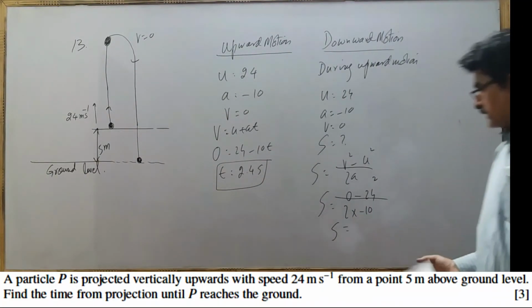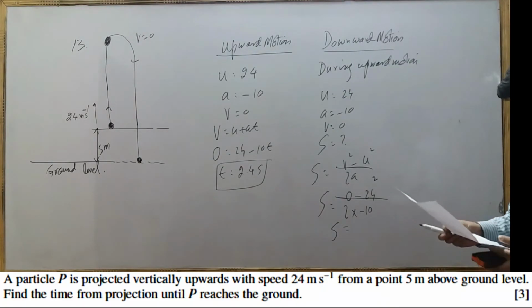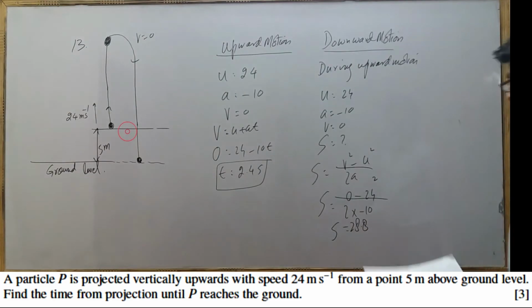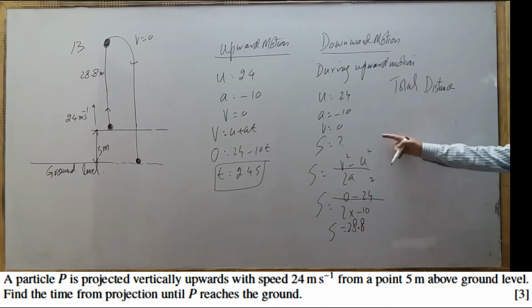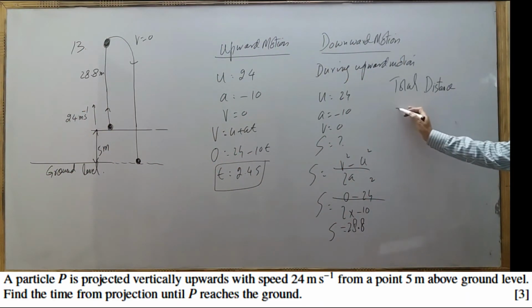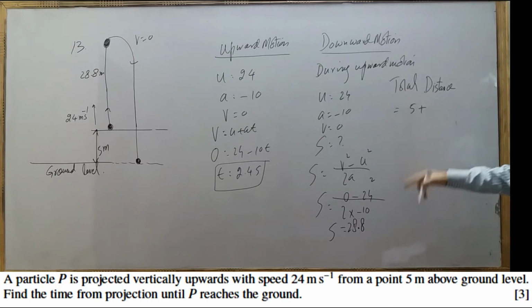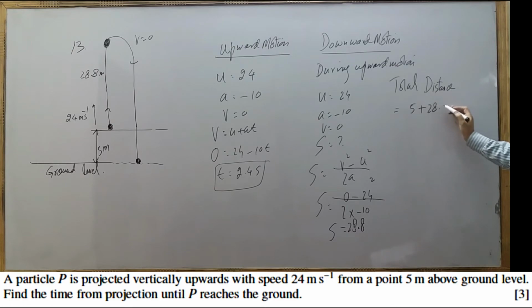From here you will get this distance to be 28.8 meter. Now the total distance will be equal to 5 plus 28.8. This will be 33.8.